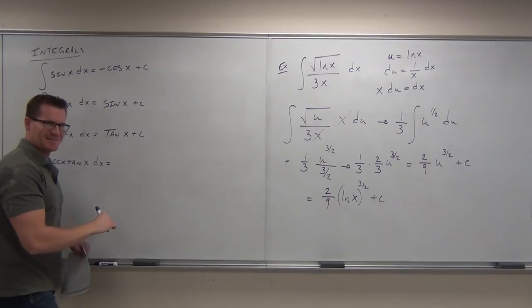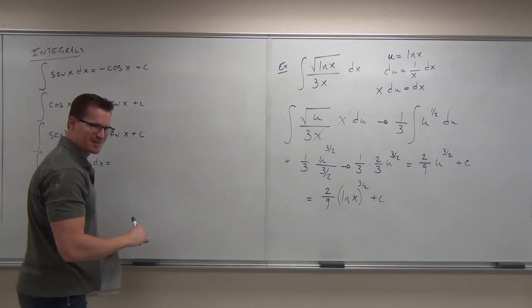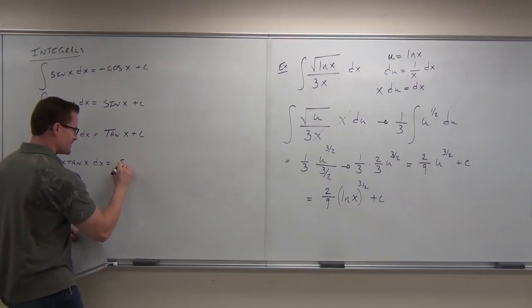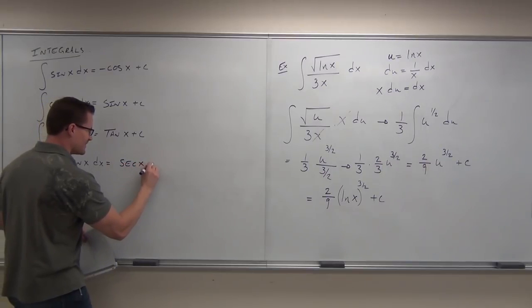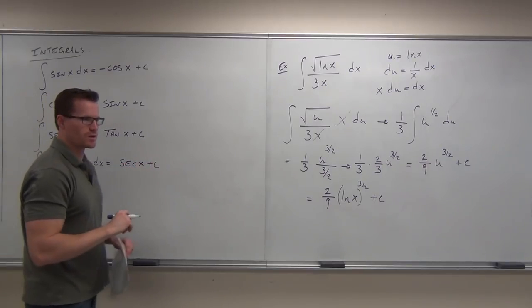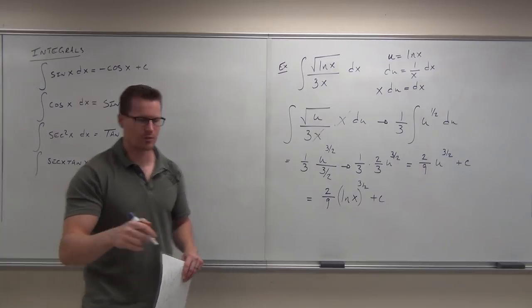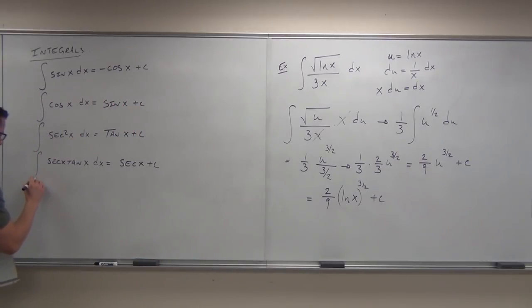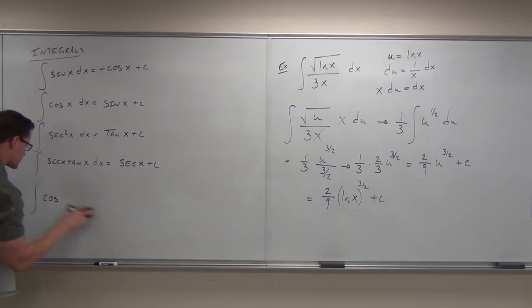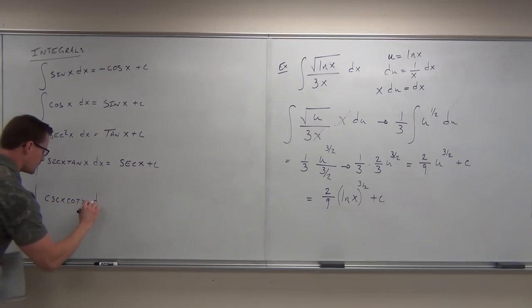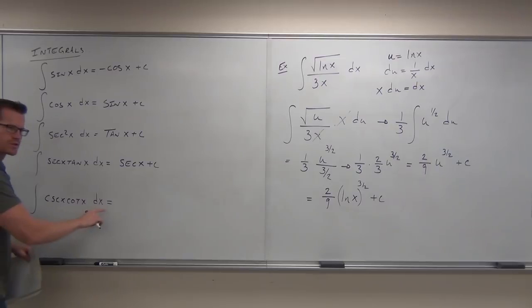There's a couple other ones. Give me another one. I think you got cosecant, cotangent. Yeah, that's the one. And then cosecant squared. What's this one?